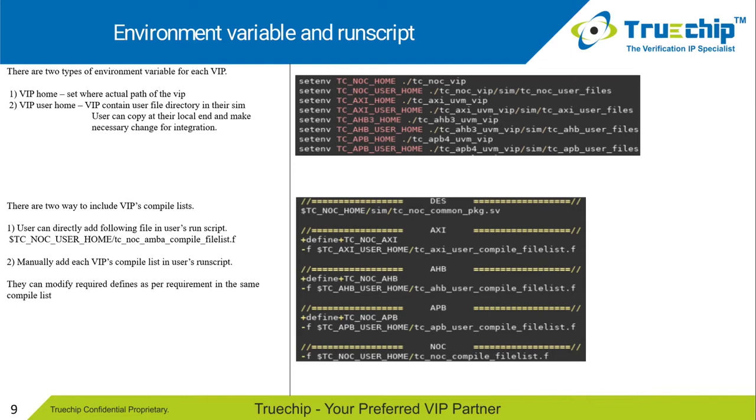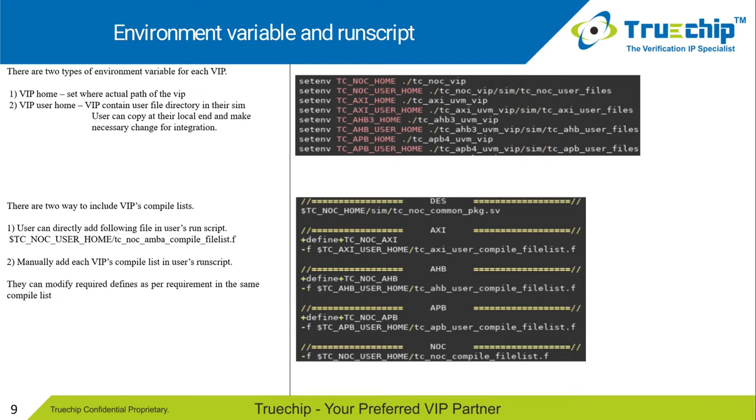Each VIP has 2 types of environment variable: VIP home, which sets the actual path of the VIP, and VIP user home. The VIP contains a user file directory. User can copy this directory to their local end and make necessary changes as required for the integration, and set VIP user home to that local path.